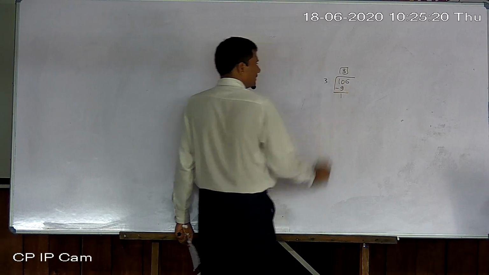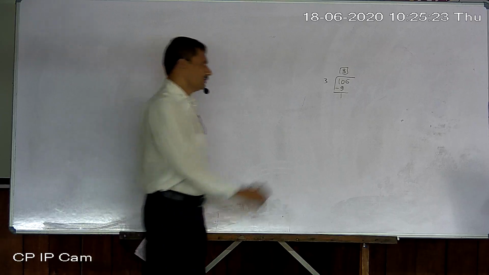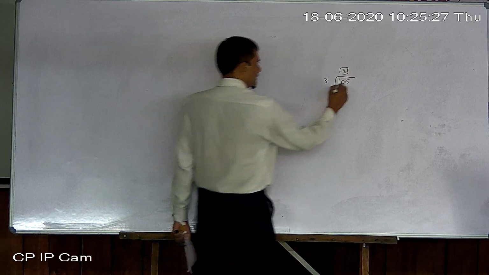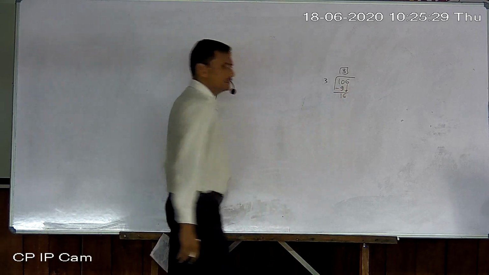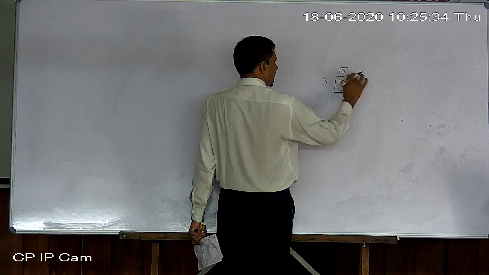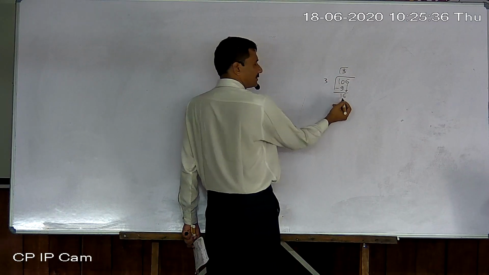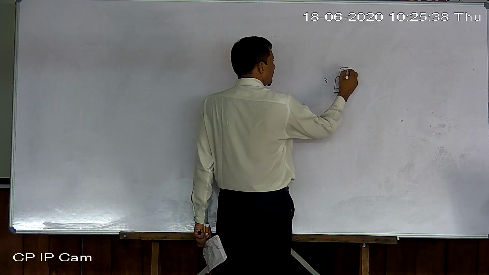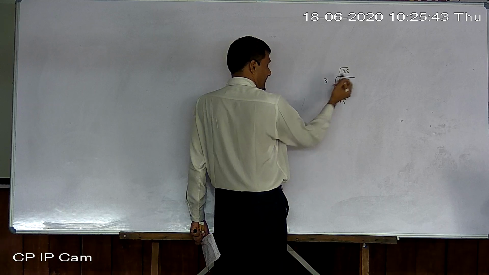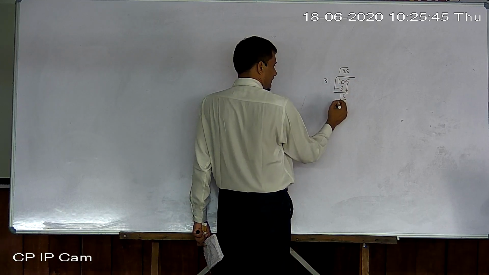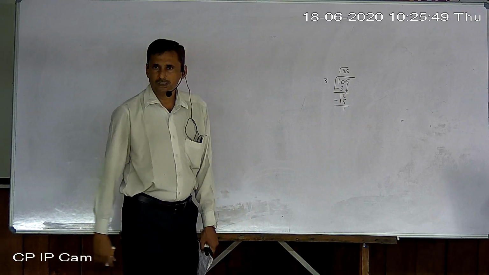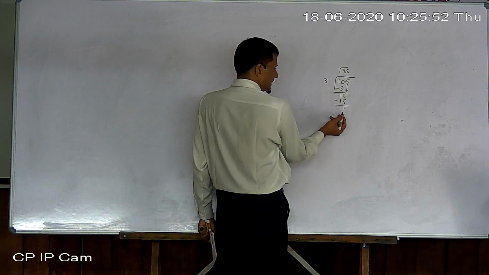Whatever you get, you write. Now one digit comes down here, the digit whose turn it is. Then again you decide another number so that you go near that number. So 3 5s are 15. You first decide 5, then multiply 3 into 5, 15, then subtract and find the difference again.